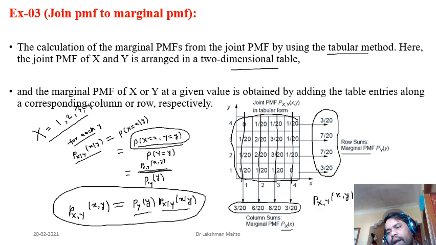So first we will write the marginal probability mass function of x, multiplied by, once we have already observed x, then we try to observe y. So conditional probability comes in, that means conditional probability of y given x. This is the approach through which you can calculate the joint PMF.